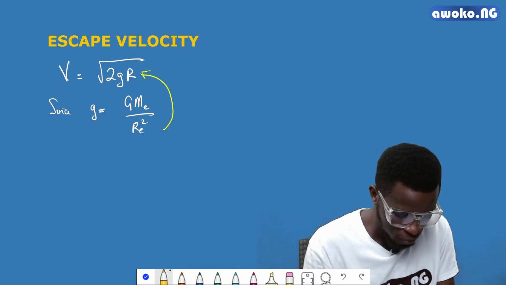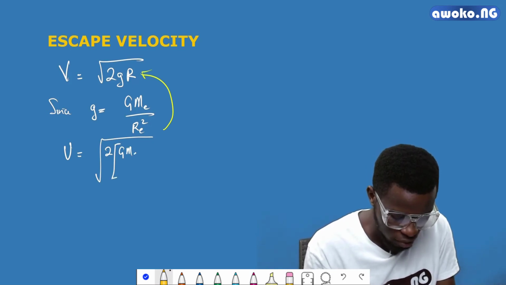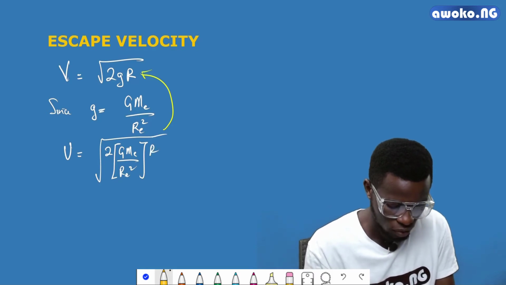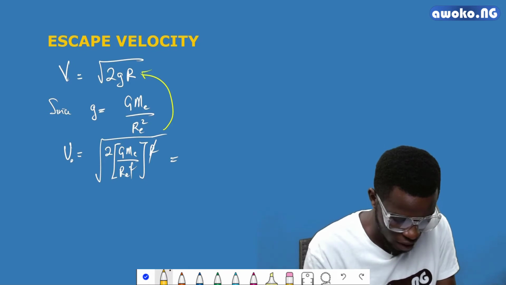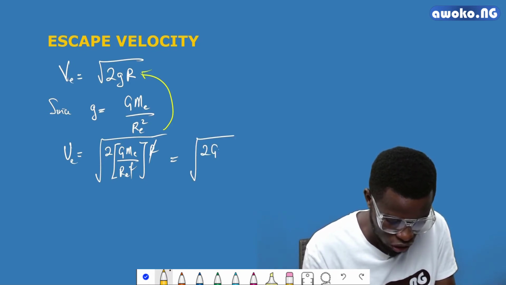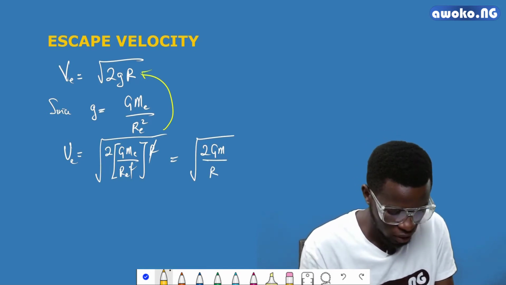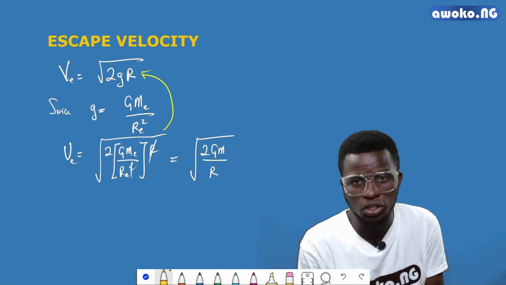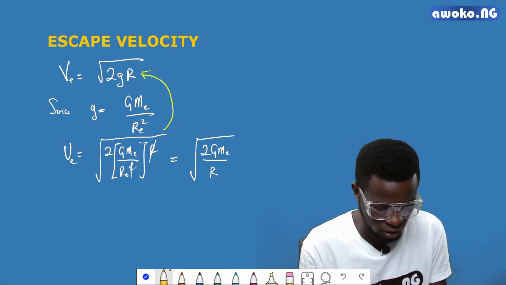So therefore, V will be equal to the square root of 2 times GMe over Re squared times r. This r will cancel one of these r, and we are left with V escape, which is equal to the square root of 2GM all over r. This is the relationship between the gravitational constant and the escape velocity.